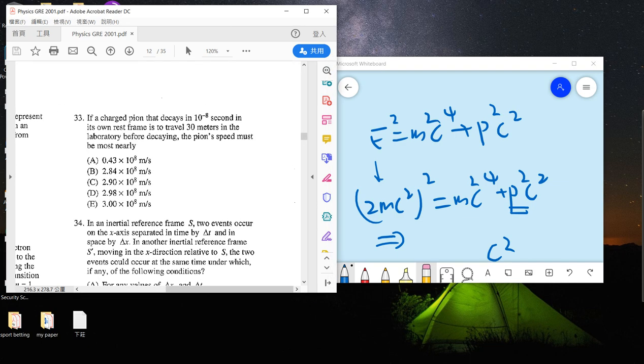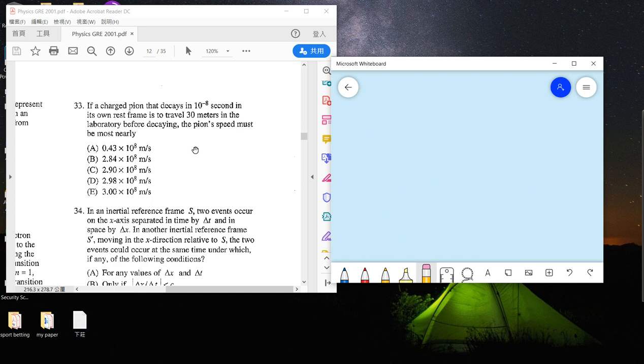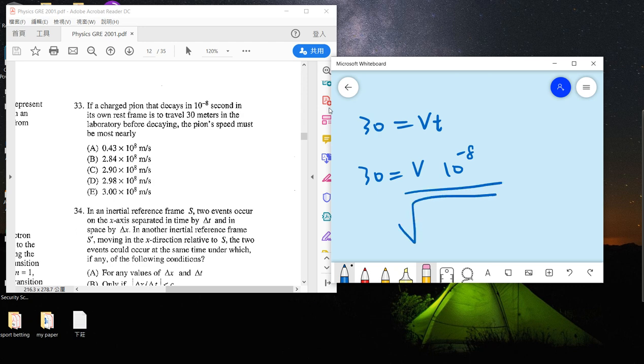Okay, so 33: a charged pion decays in 10 to the negative 8 seconds in its own rest frame, and to travel 30 meters in the laboratory before decaying, the pion's speed must be what? This is a common question. So 30 is just vt, but remember the t will be dilated, so you can solve this.